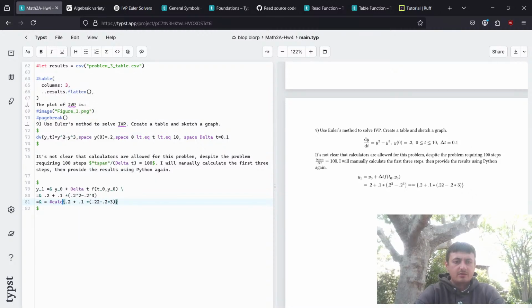Or is it calc? Dude, the calc mechanism is so ridiculous.